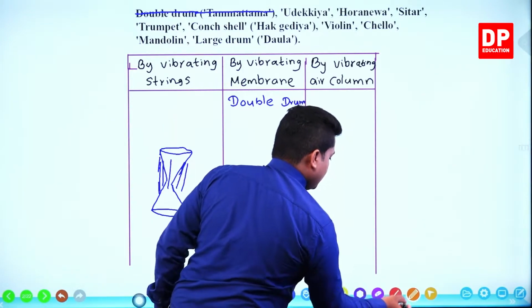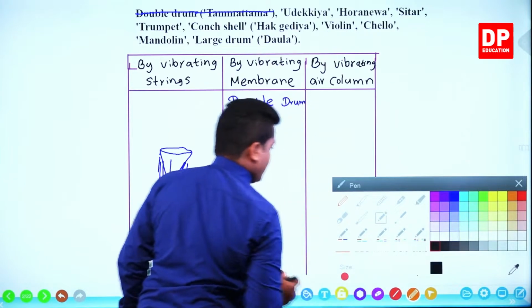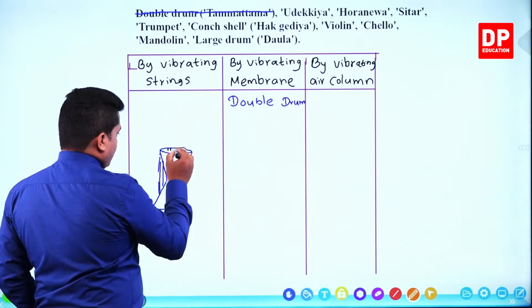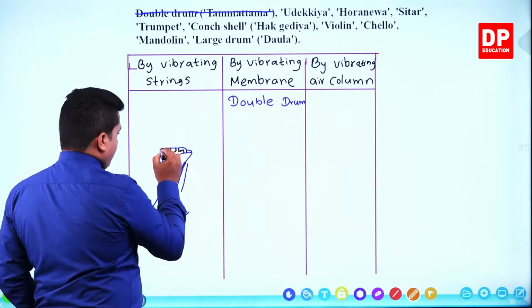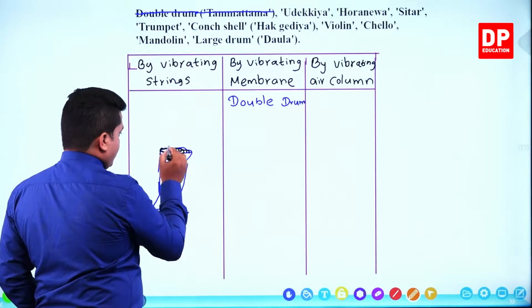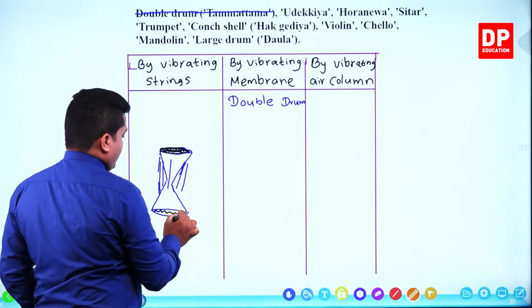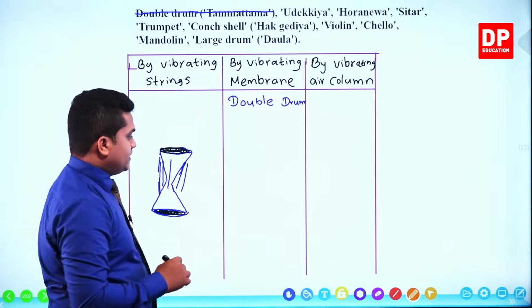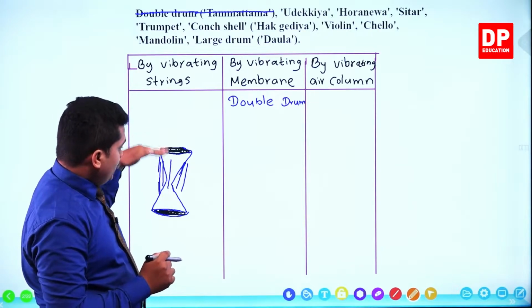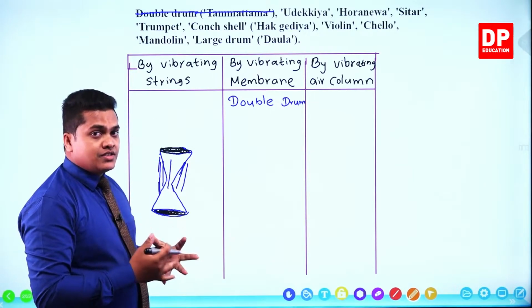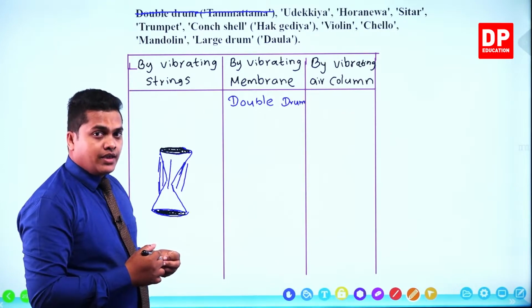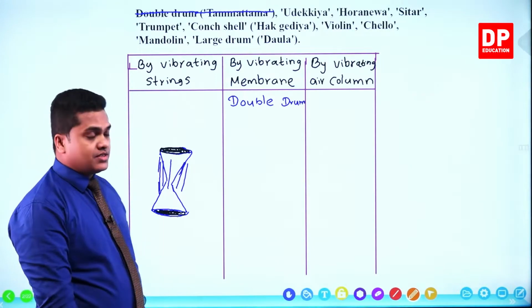And now the special part is this whole is being covered by a membrane, a skin membrane of an animal. Right. So by tapping on this, we produce sound. Okay, by tapping on this, we produce sound.